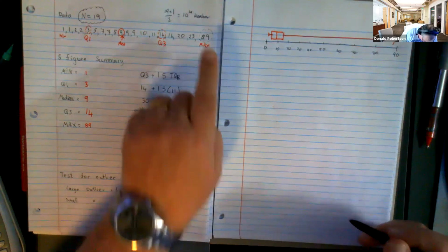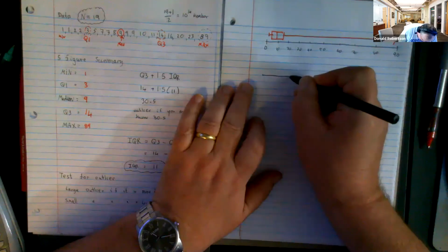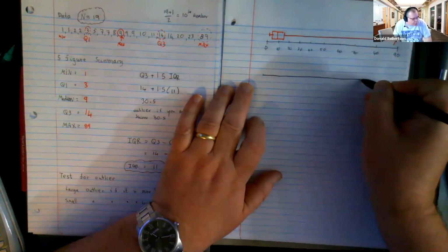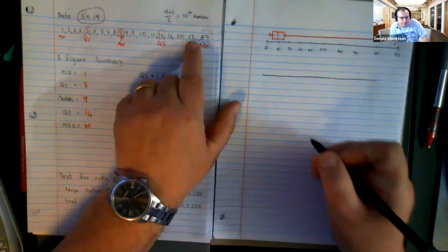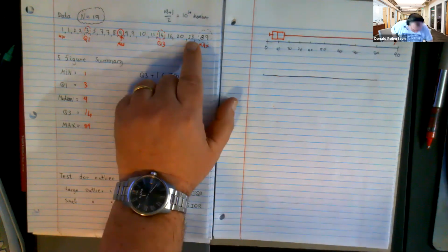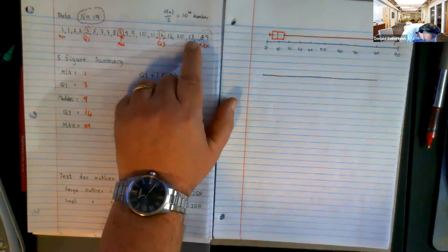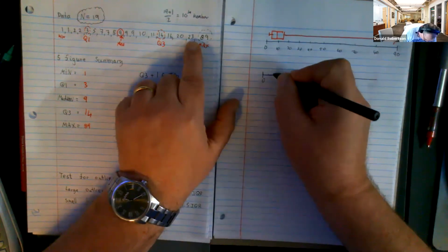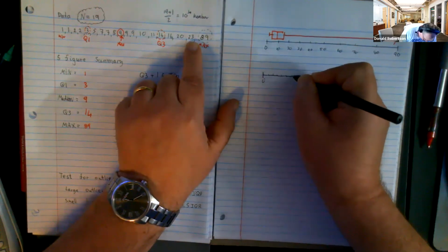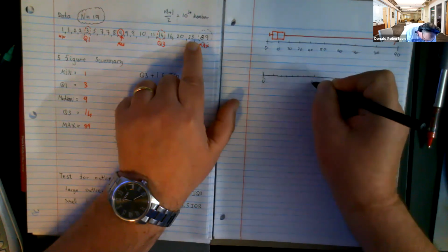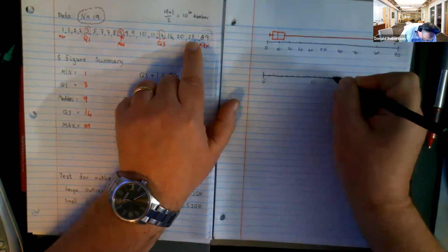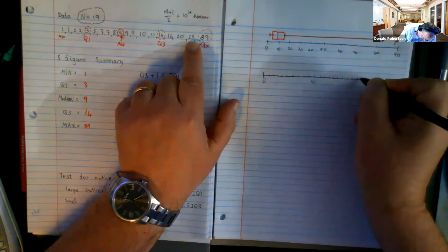Well, your data changes. 23 becomes the most important number now. So I'm going to start at 0 and I'm going to go 1, 2, 3, 4, 5, 6, 7, 8, 9, 10, 20.